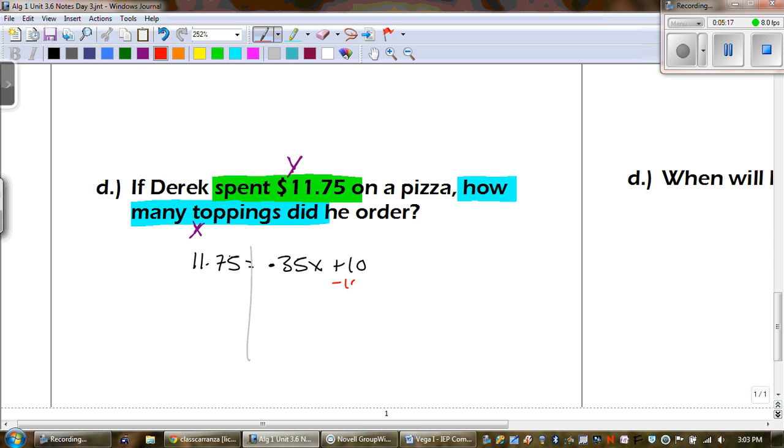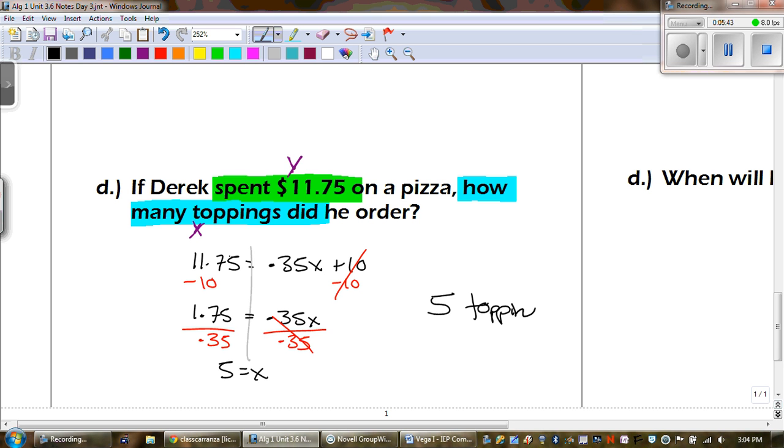And to solve it, we would subtract 10 from both sides. And you get 1.75 equals 0.35x, don't forget that. And to solve for x, we have to divide by 0.35. And then you get the answer of 5. Well, it's not just 5. 5 what? 5 toppings.